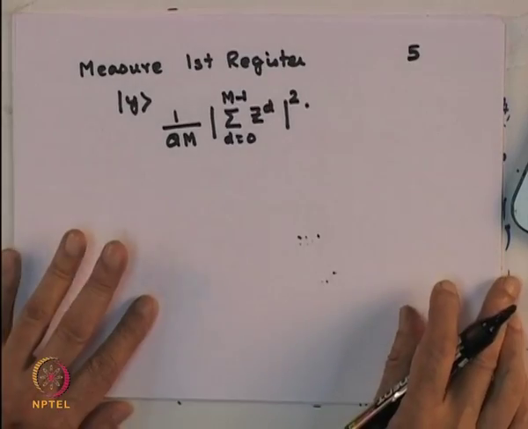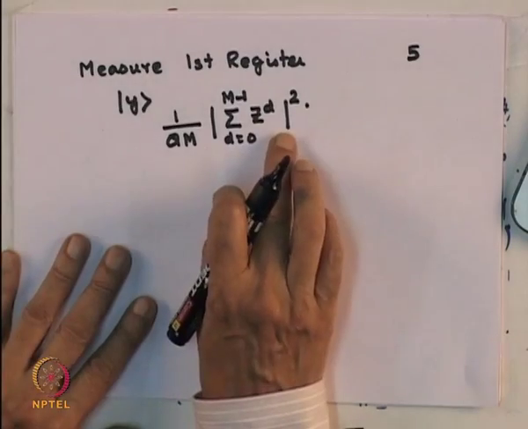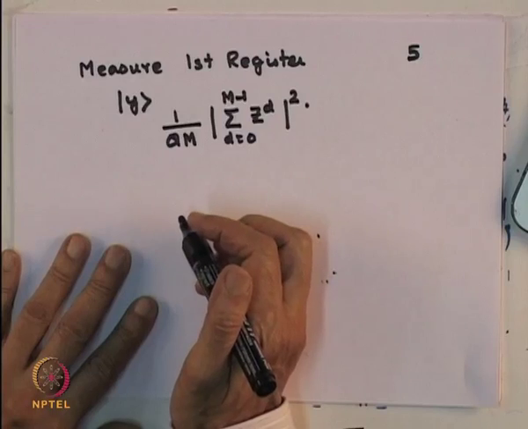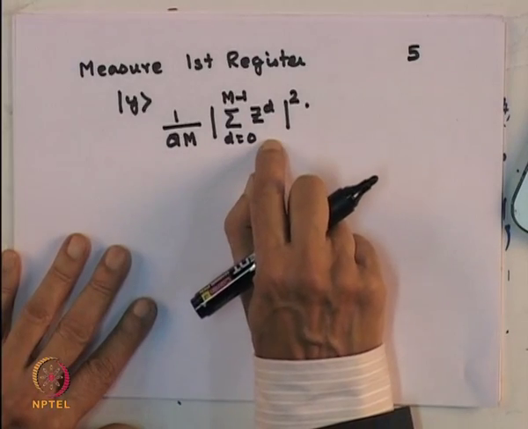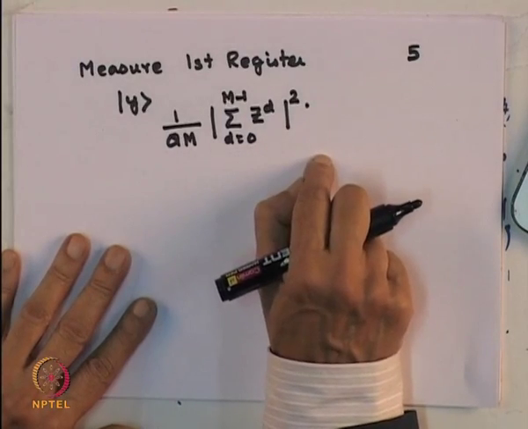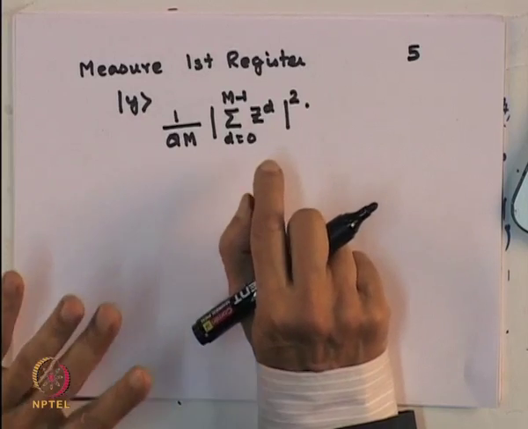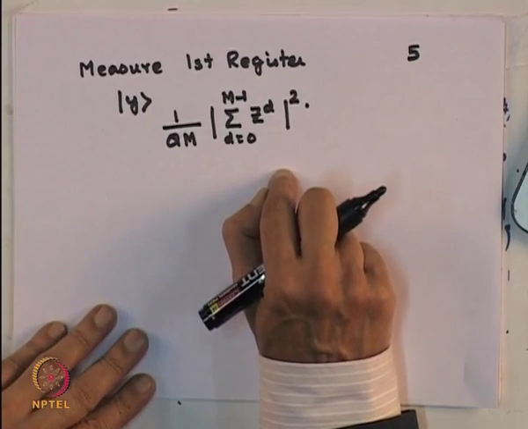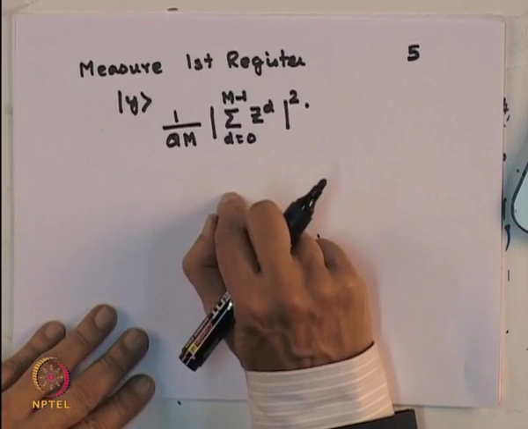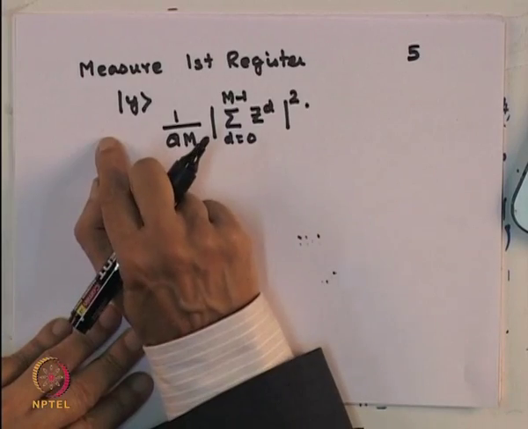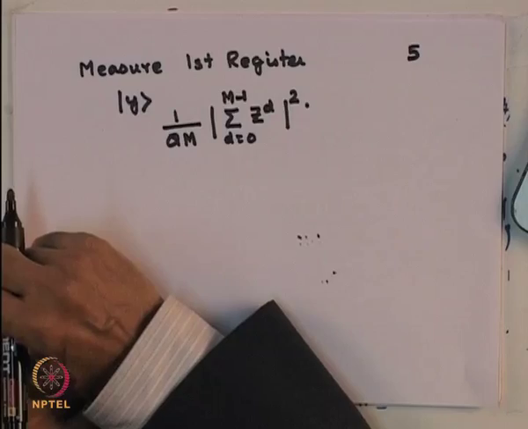Since the sum is a finite sum, I will be able to execute this sum and find out its value, and this will give me the probability with which a particular state y appears.